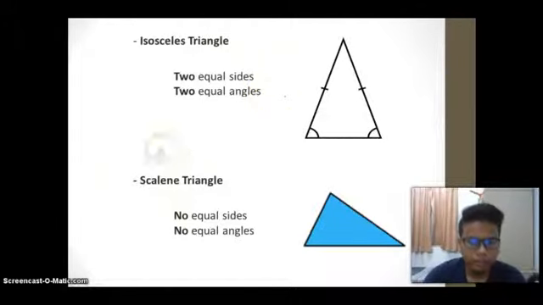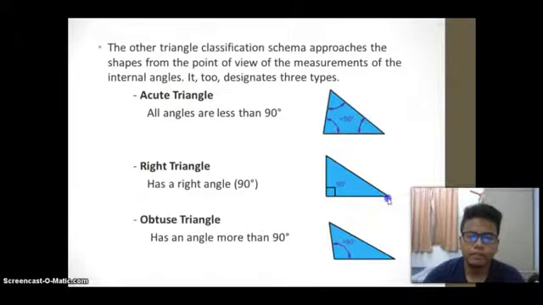The next triangle is a scalene triangle. This triangle has no equal sides. All three sides have different values, and there are no equal angles. The angles also have different values.